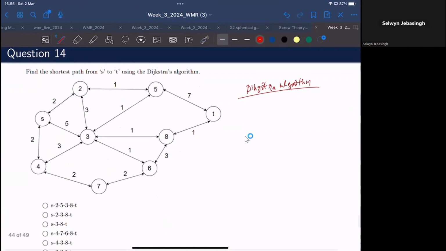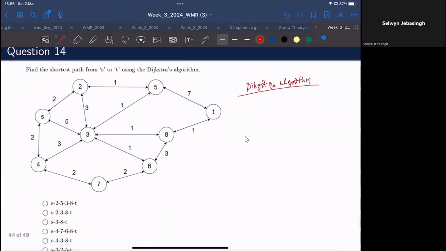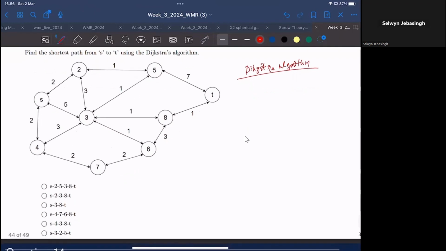The most optimal path would be to go from S, then 2, then 3, then 5.